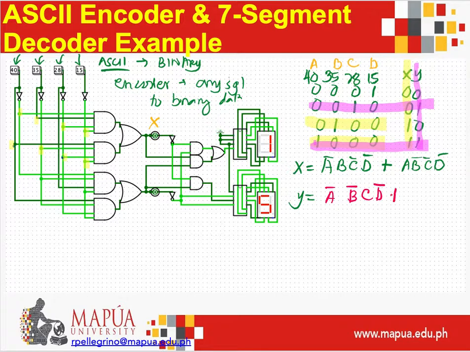As you can see, we have A bar, B bar, C, and D bar, and for the next term we have A, B bar, C bar, and D bar. You can just take the output from here and put it in there. So that's our solution, and that's another solution. This is the encoder part, where we can derive the value of our xy.